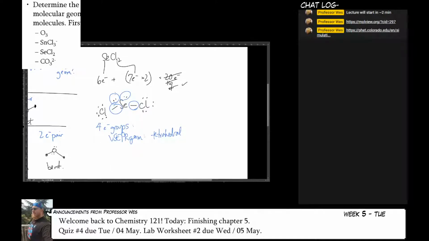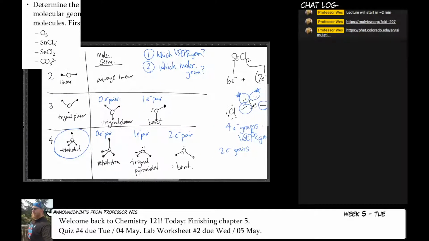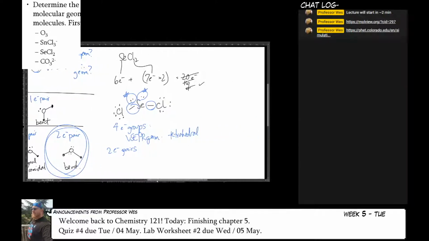Of those 4 electron groups, how many are electron pairs? Here's one, and here's one. So there are 2 electron pairs. So of those choices, this is the one that matches ours. So the molecular geometry is bent.